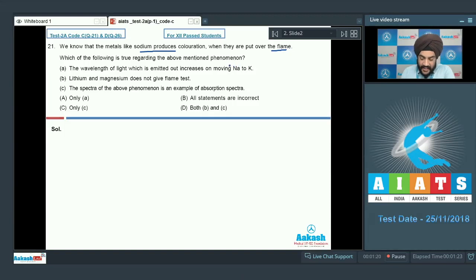Let us look at the statements given to us. Statement A says the wavelength of light which is emitted increases on moving from Na to K. So students, if we talk about the emission spectrum of sodium and potassium, sodium produces yellow coloration in the flame, whereas potassium produces violet coloration in the flame.